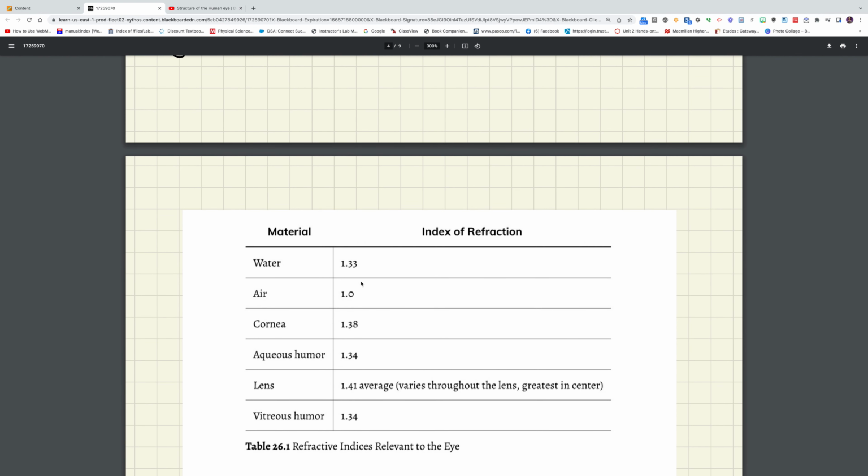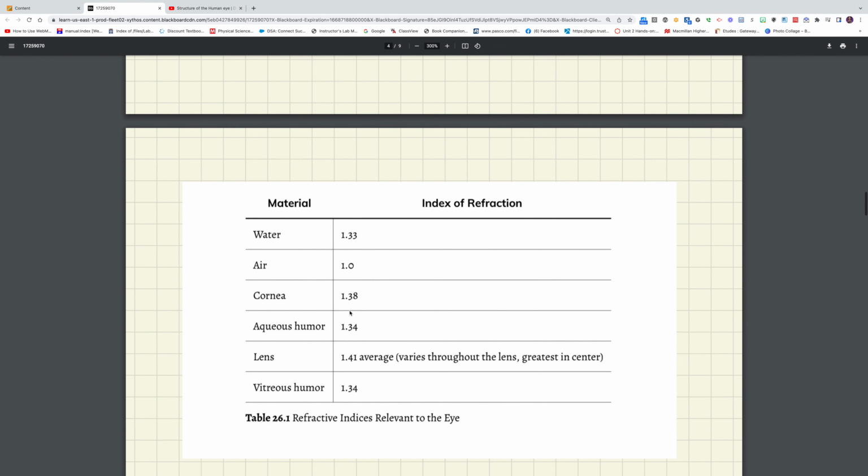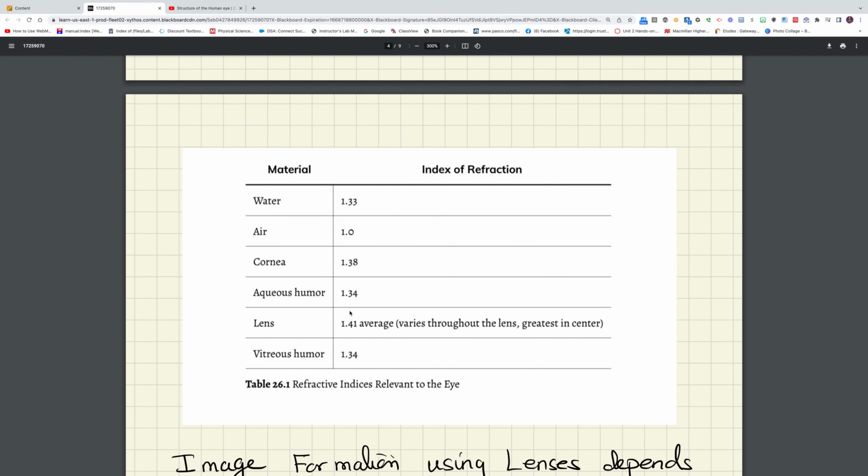Now, these are the different media that we're going to have in our eyes, and the materials. Look at the water, of course, we know that it has an index of refraction of 1.33, the air is 1, the cornea is 1.38. And something that we need to notice is that the light is coming from air and then it's going to hit the cornea, where it faces a very large change in index of refraction.